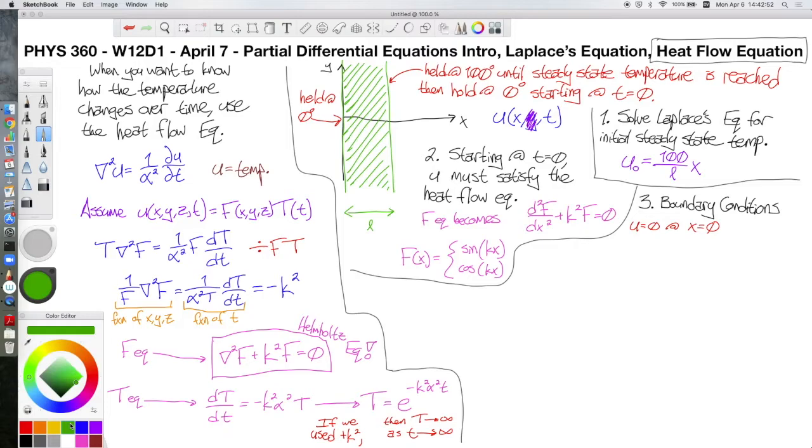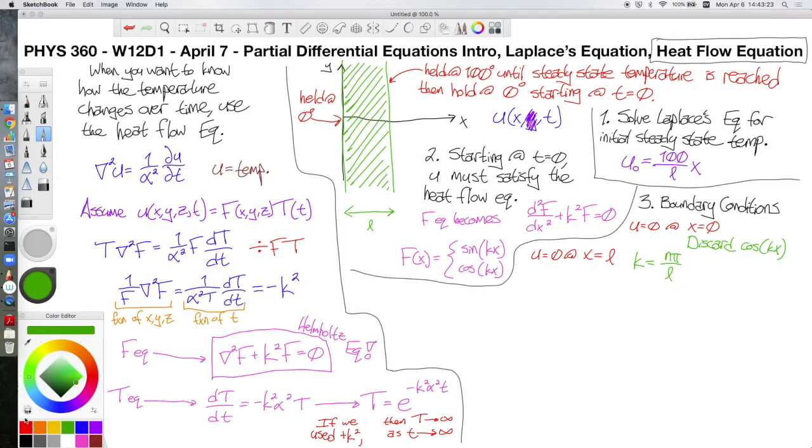And based on this, we are going to discard our cosine of kx solution again. And we have the other side of the plate as well, that u has to be equal to 0 at x equals L. So just like before, we are going to end up with values of k that are n pi over the width of this object, which is L.